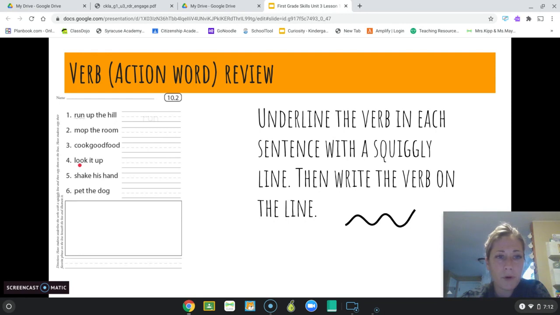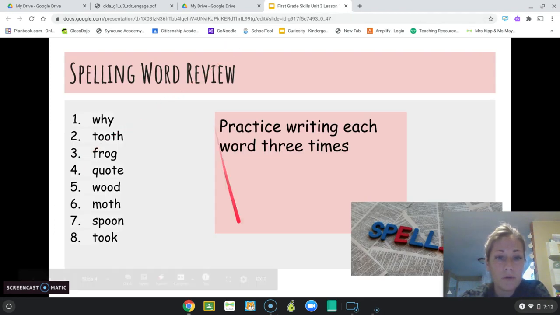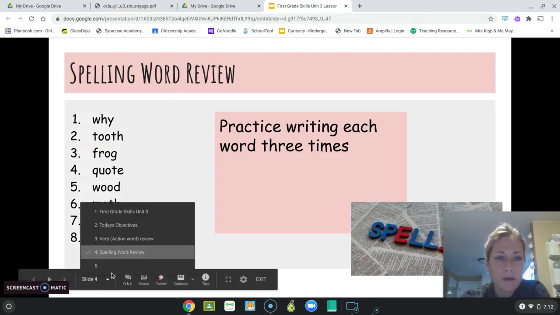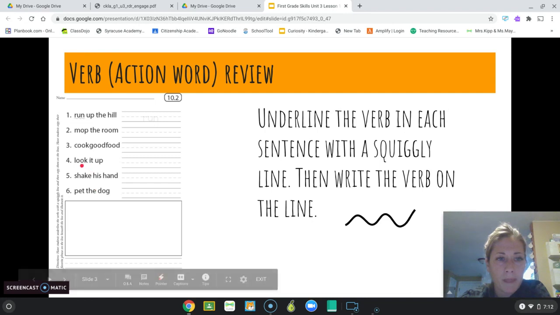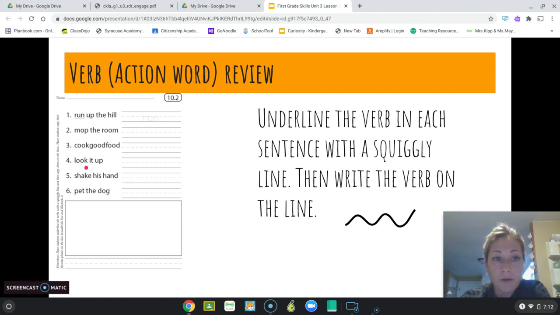Next one, number 4. Look it up. What's the action word? What's the verb that tells us something we're doing? Look, right? Look. That's an action word. So we would put a squiggly line under look and then write the word look right here.